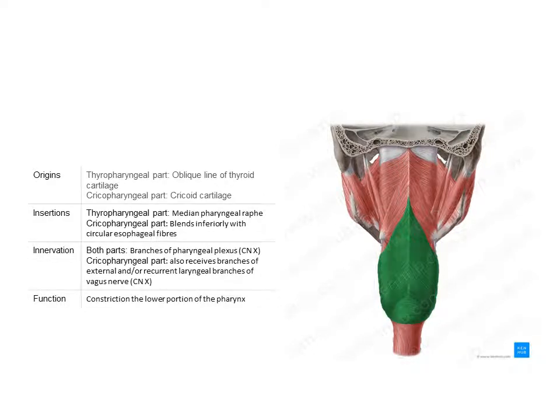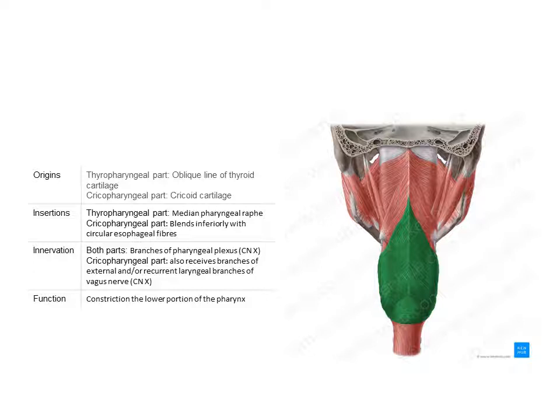The third and very important one, the inferior constrictor. We divide it into two parts: the thyropharyngeal part, the upper one, and the cricopharyngeal part, the lower one. The thyropharyngeal part originates from the oblique line of the thyroid cartilage, while the cricopharyngeal part originates from the cricoid cartilage.